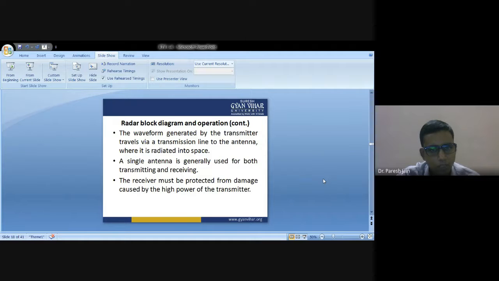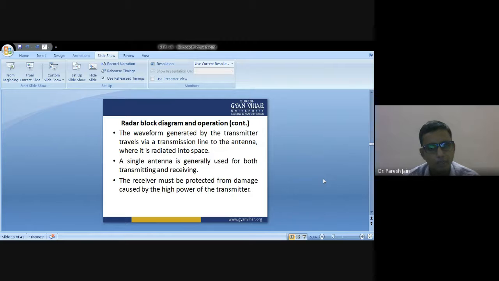The waveform generated by the transmitter travels via a transmission line to the antenna, where it is radiated into space. Means the magnetron oscillator will generate a pulse.